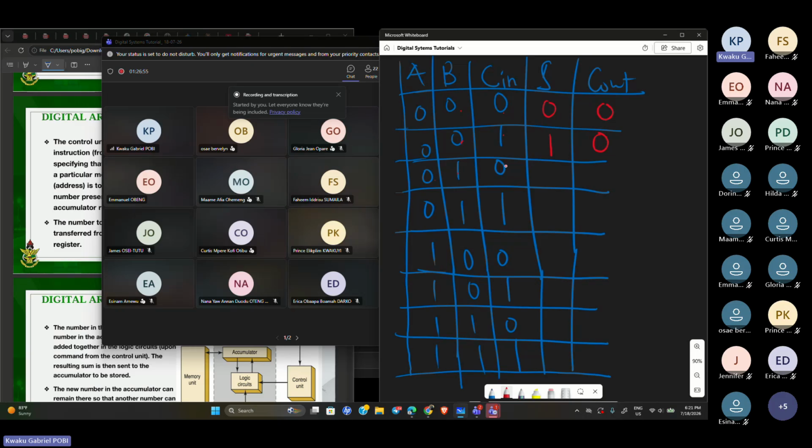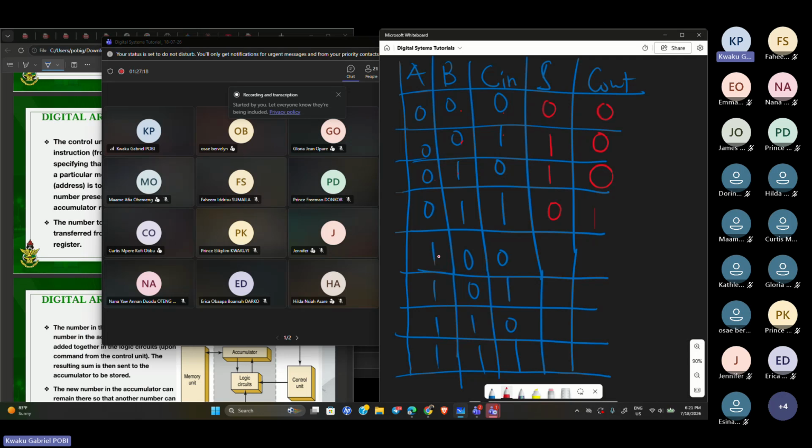You add 1 to 0, you still end up getting 1. So it's still 1, carry 0. Now here you add 0 to 1, you get 1. Then you add 1 to the next one, you get 2. So 2 means the sum will be a 0, and then the carry will be 1. 0 carry 1 when you get 2.